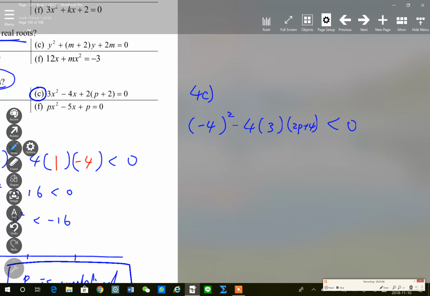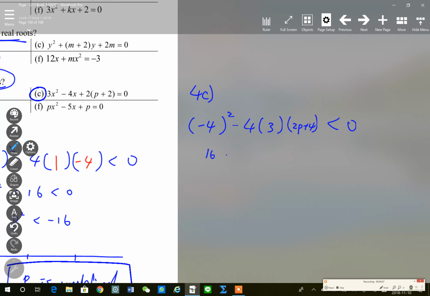So from here, you just simplify it first. Isolate P. And that's it. Okay? So Dominic, how do we simplify it? 16. Yeah?